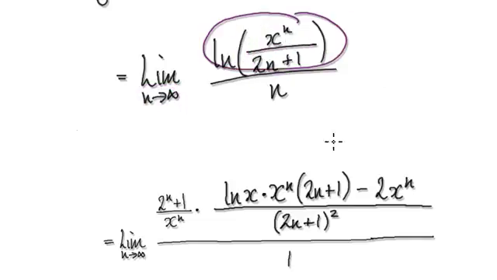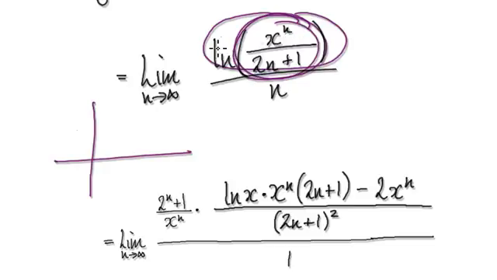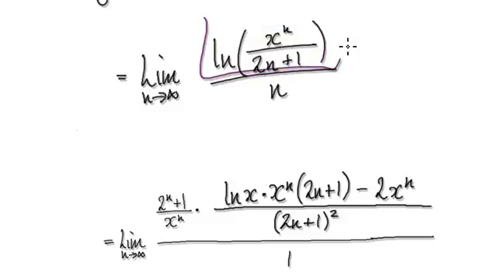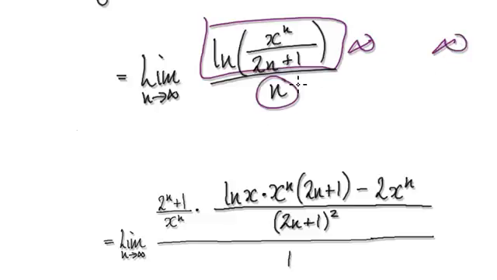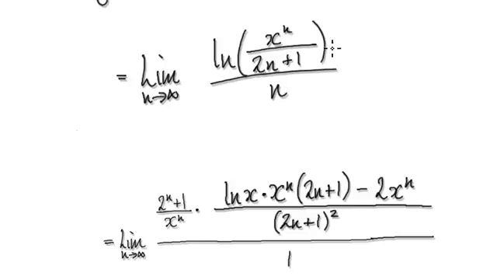So what's happening on the numerator? You have the natural log of something that's going towards infinity. So overall the whole block here will head towards infinity. This end here heads towards infinity too, and infinity over infinity is an indeterminate form. So you can apply L'Hopital's rule.